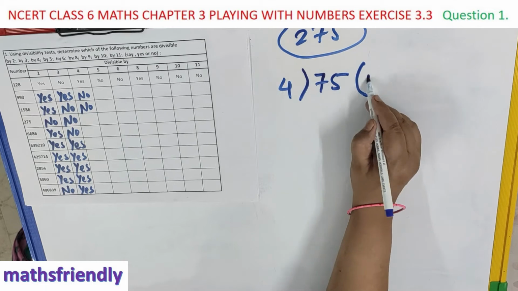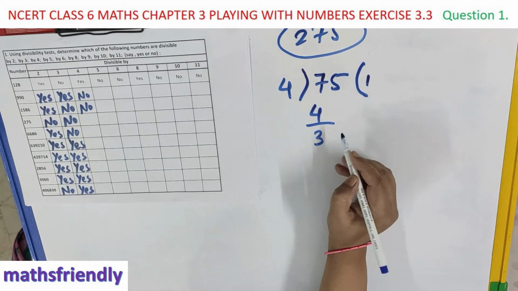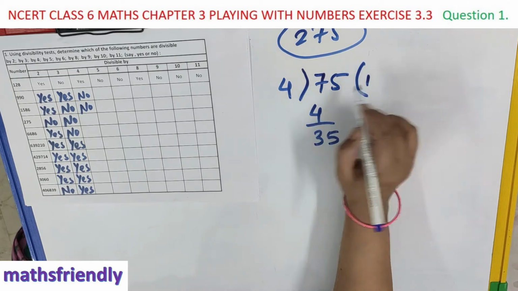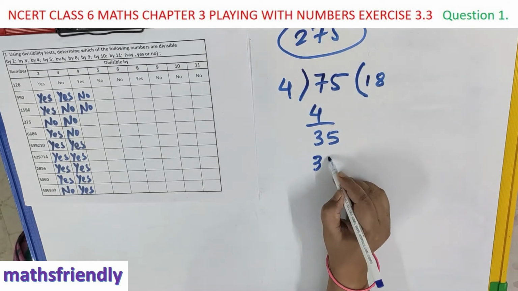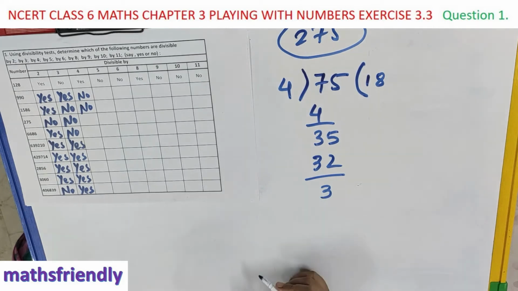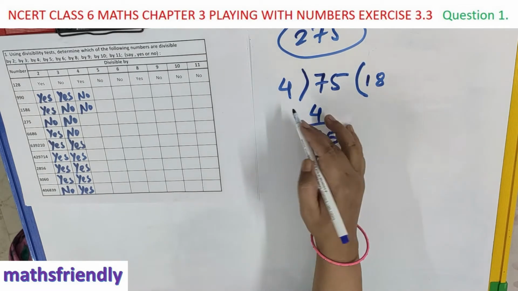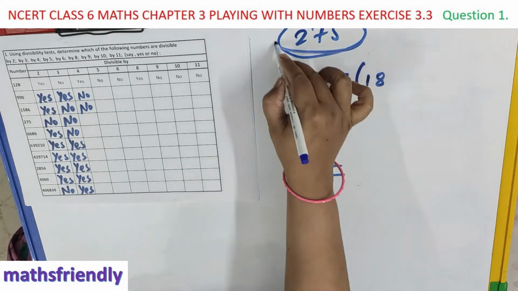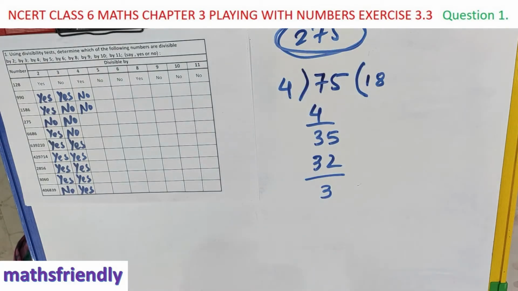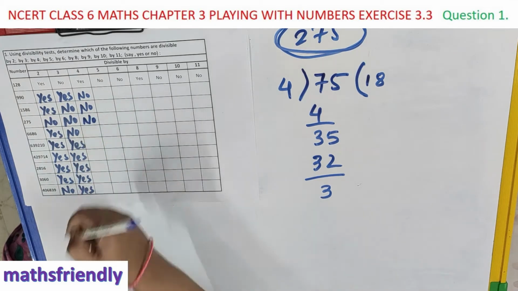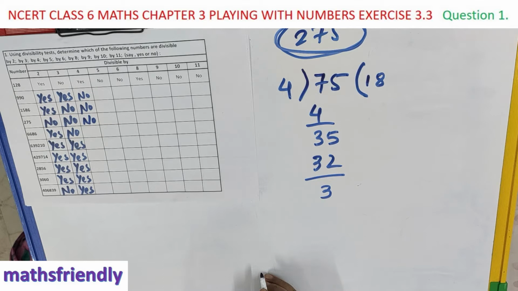Okay, so 4 1s are 4, remainder is 3, 5 comes down, 4 8s are 32, the remainder is 3. It means 75 is not divisible by 4. So we can say that this number itself is not divisible by 4. So we can write that no, this is not divisible by 4, right?